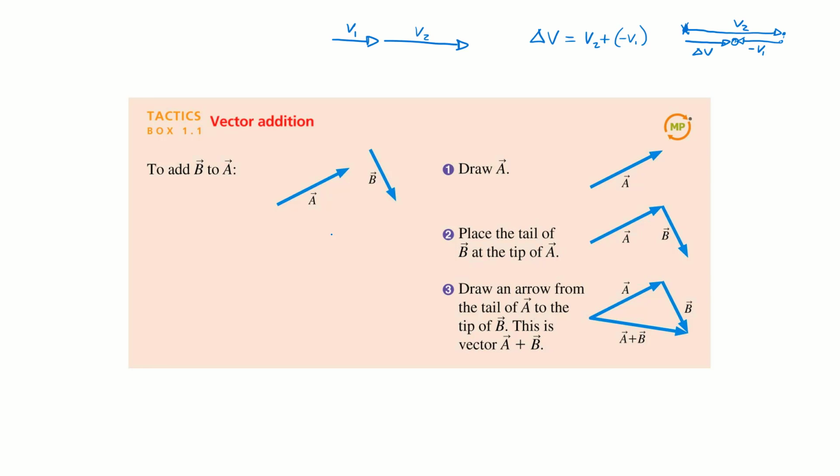If we have these two vectors a and b and we want to add them together, we just put the tip of the first vector and the tail of the second vector together. So we have this situation here, and then where we started to where we ended, essentially following the arrows, gets us the addition of those two vectors.